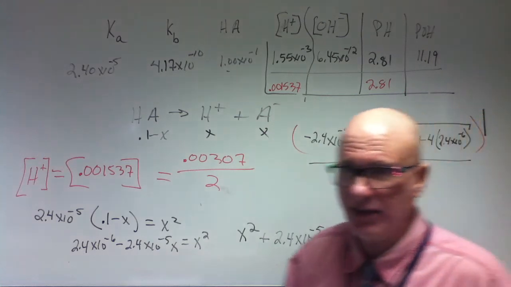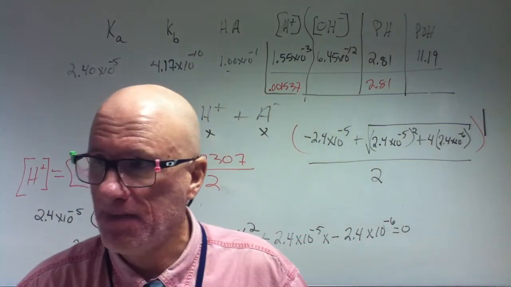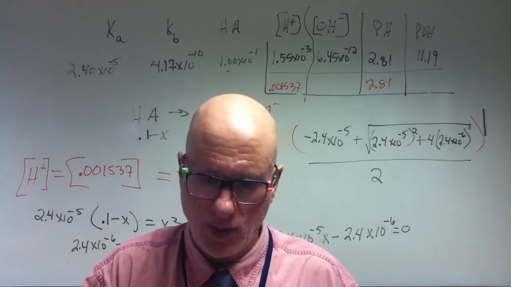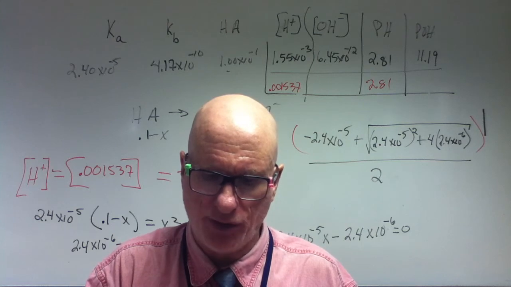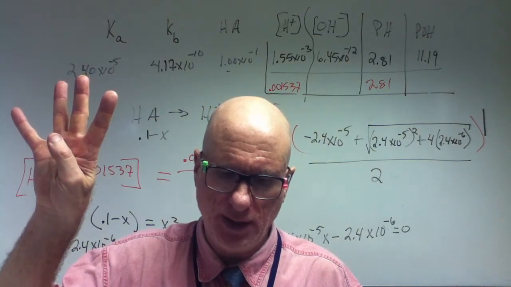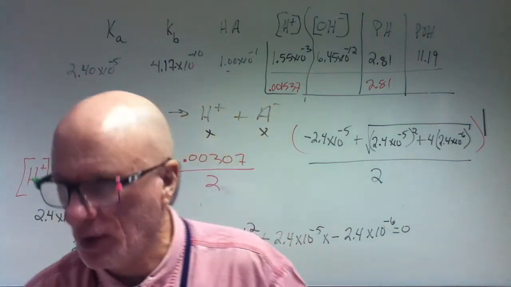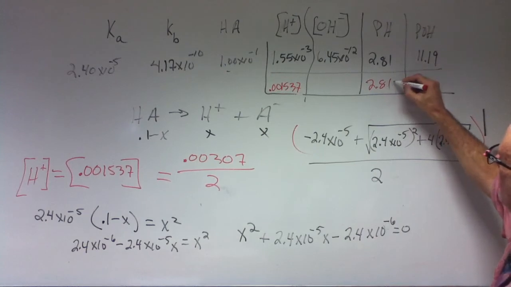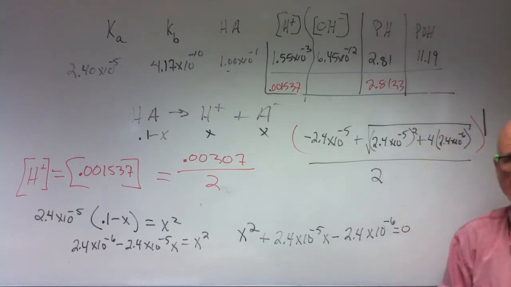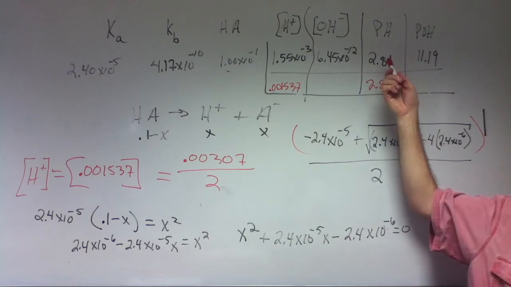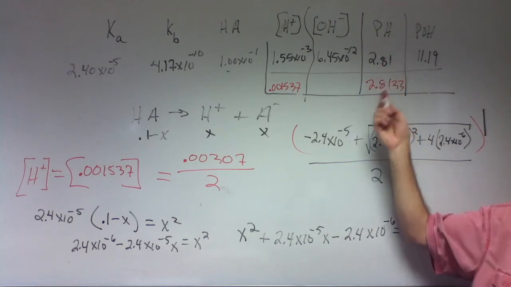Is that clear? So in other words, what I got was 2.8133. And if we did that to more decimal places, which I want you to do, to 4, you'll see that there's a difference.